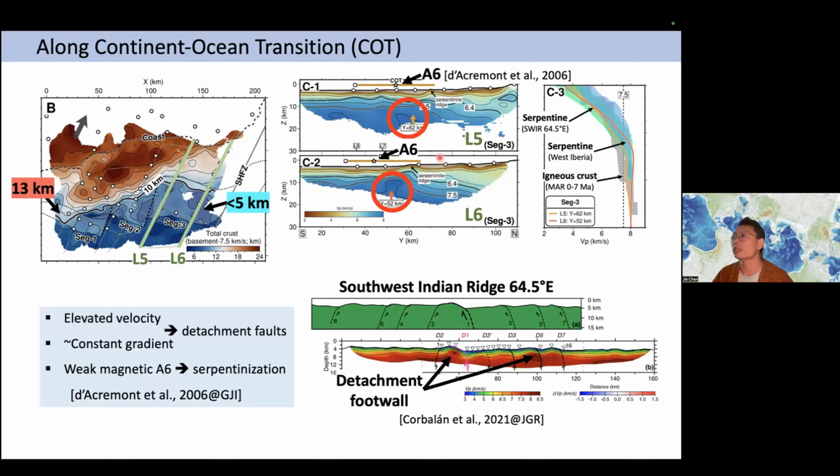In addition, there is also a weak magnetic anomaly, A6, here inside the COT. It's not caused by oceanic crust because the signal is very weak, but maybe caused by the serpentinization here.